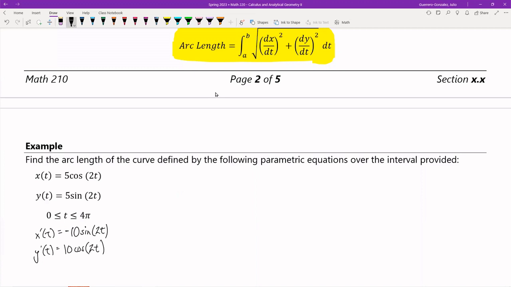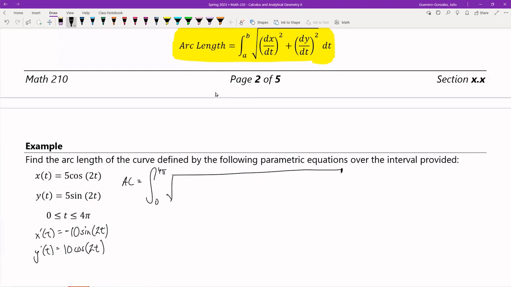So now my arc length is going to be the integral from 0 to 4 pi of the square root. Give yourself a fair amount of space for this one, because we have the x of t derivative squared and the y of t derivative squared.